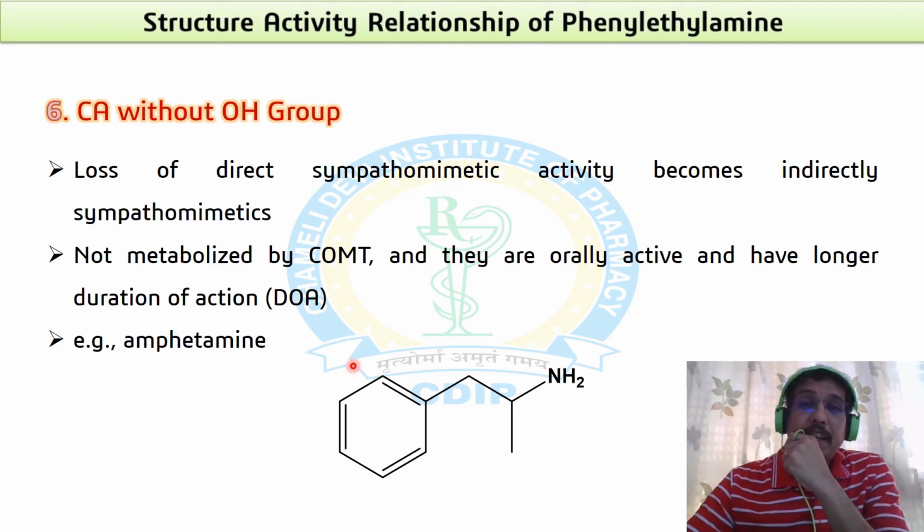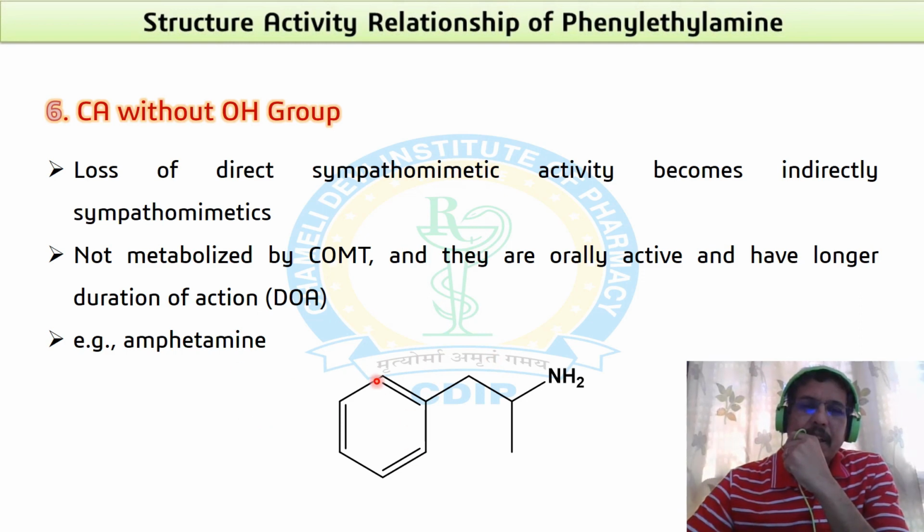In that case, direct sympathomimetic activity is lost, and the compound has indirect sympathomimetic activity. This compound is also not metabolized by COMT, so it has a longer duration of action.